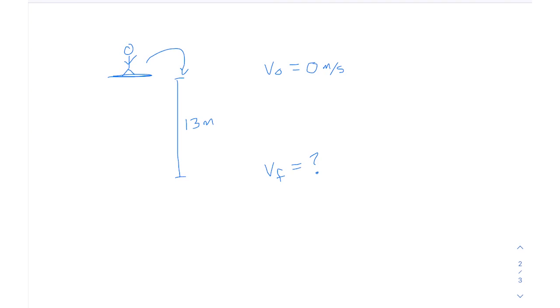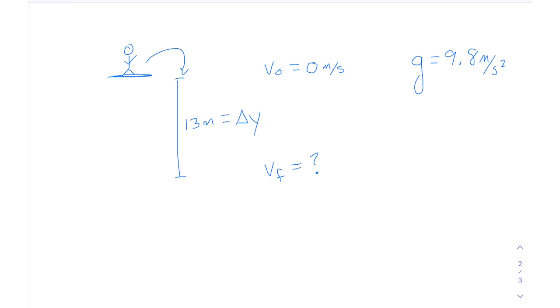We know for this portion that we're going to have an acceleration due to gravity of 9.8 meters per second squared, because we know our value of g on Earth. And then we know that this value of 13 represents our displacement along the y-axis. We can call it delta y.